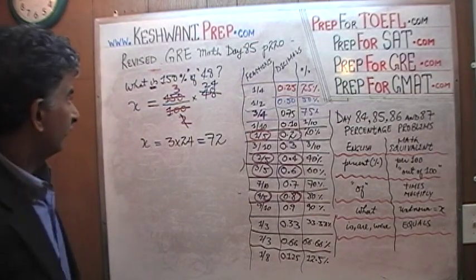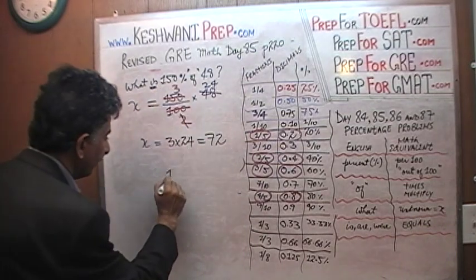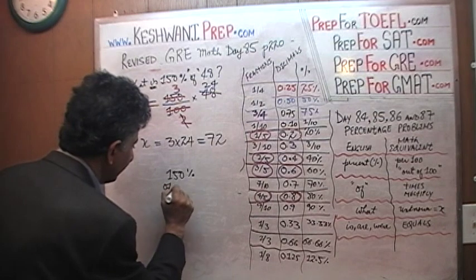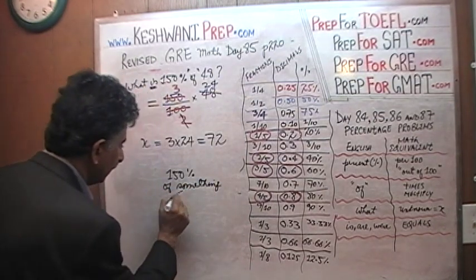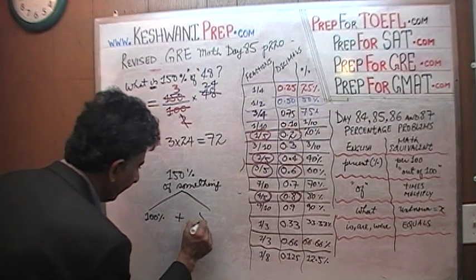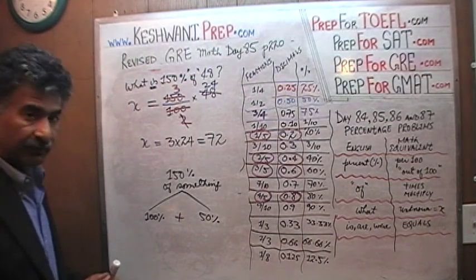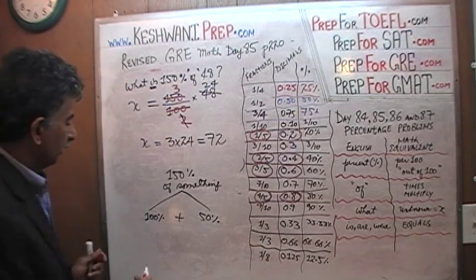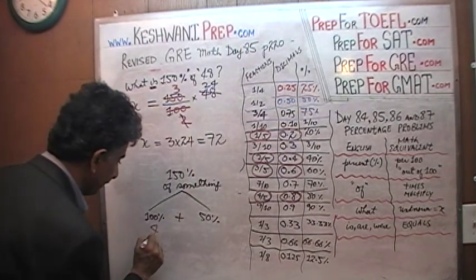Let's verify this very quickly, shall we? The question was, what is 150% of 48? Well, 150% of something must equal 100% of something plus 50% of something. What is 100% of 48? 100% of 48 is 48, obviously.